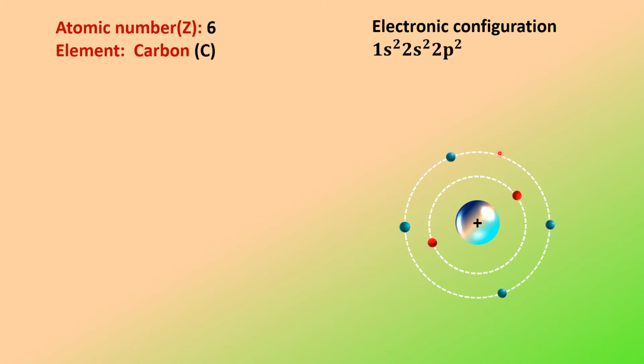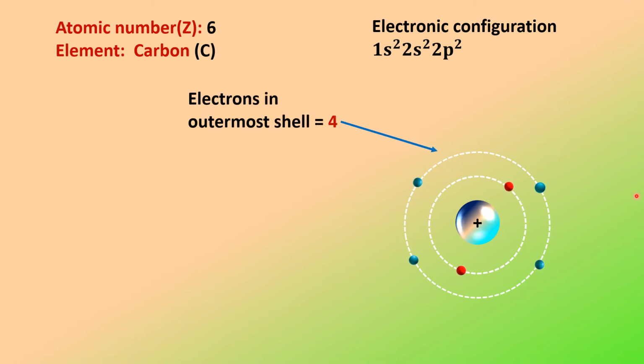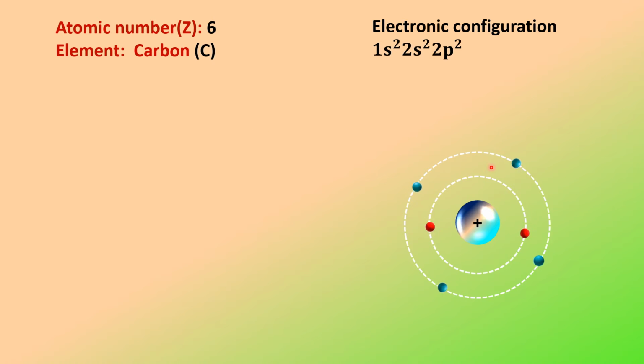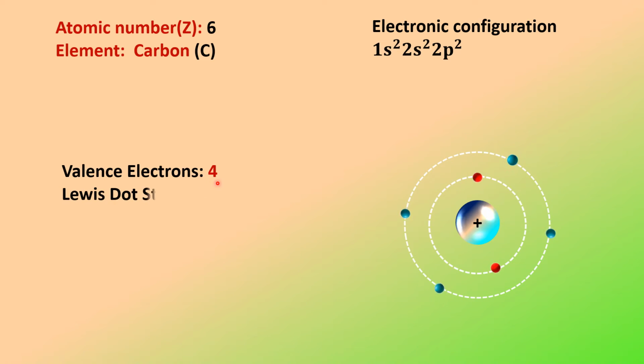This shell is the valence shell and the electrons present in the valence shell are 4. Outermost shell contains 4 electrons. So we'll take these 4 electrons for writing the dot structure. Valence electrons equal to 4.